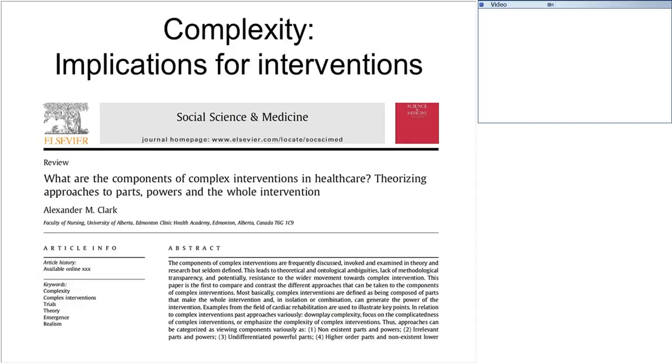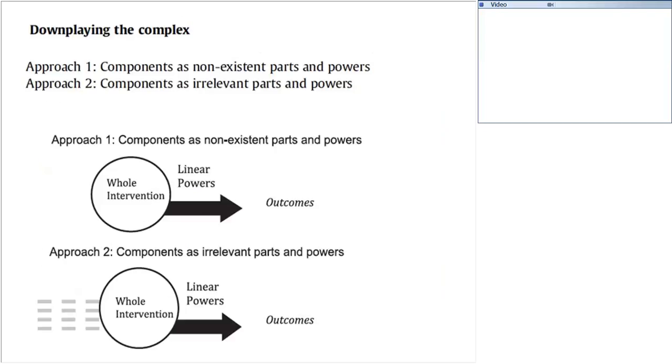And when we start to see interventions as multifaceted in this way, we can start to problematize some of the words that we use. So, for example, you'll hear the concept of components of complex interventions talked about a lot in relation to complex interventions. I talk about it a lot in this paper in Social Science and Medicine on what the components of complex interventions are in healthcare.